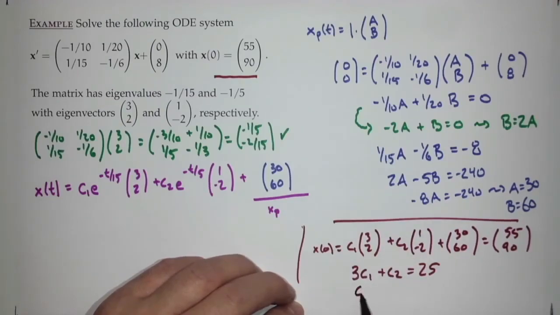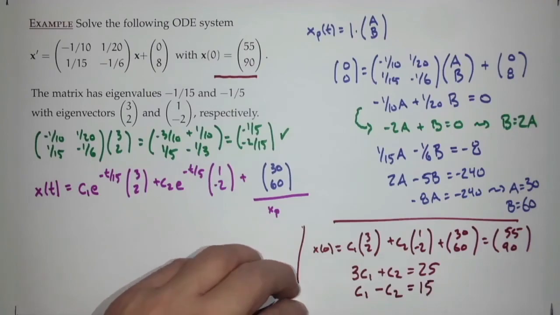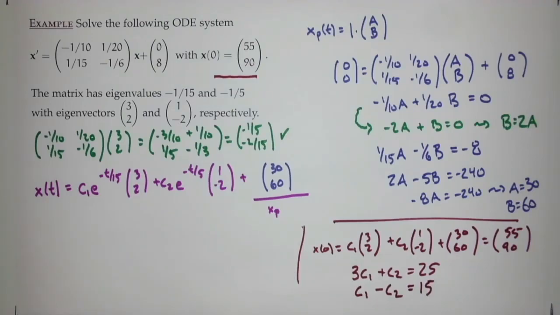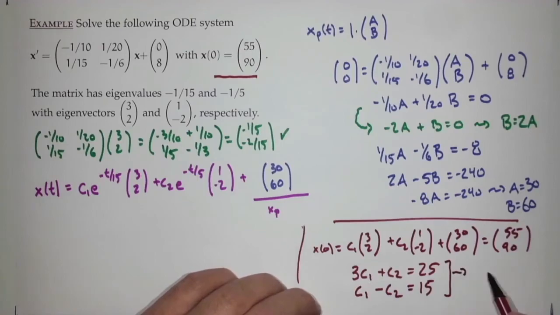Now the second equation says 2c1 minus 2c2 has to be 30. In the interest of time, I'll divide automatically by 2. c1 minus c2 equals 15. Now, what can we do with these two equations? Add them. If we add, what do we come to? 4c1 equals 40, so c1 equals 10.